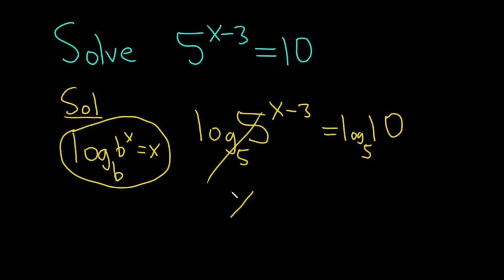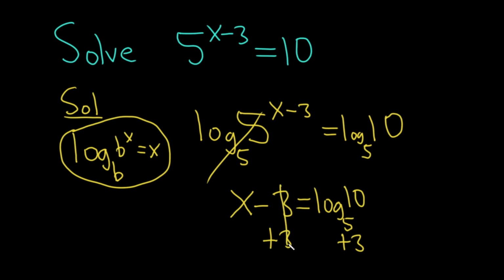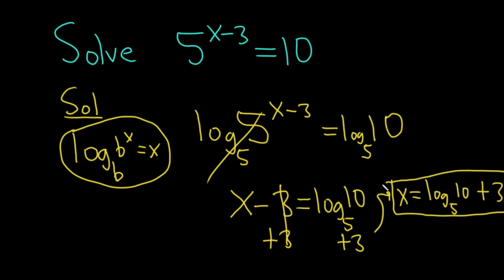So we're left with x minus 3 equals log base 5 of 10. We're almost done. We just have to solve for x. So now we'll add 3 to both sides. This leaves us with x equals log base 5 of 10 plus 3. And that would be the solution to this equation.